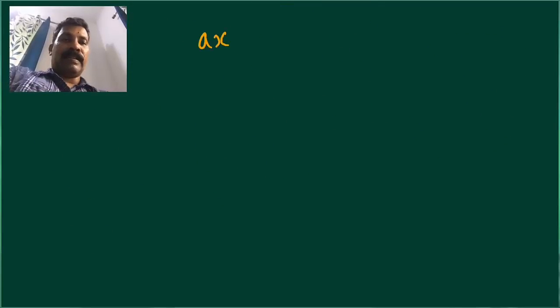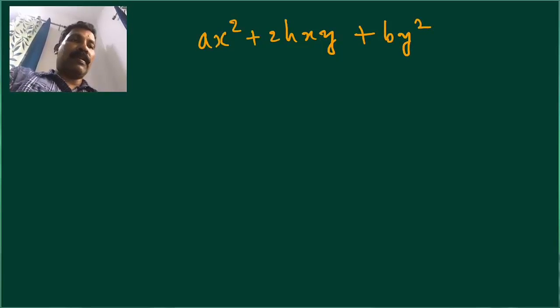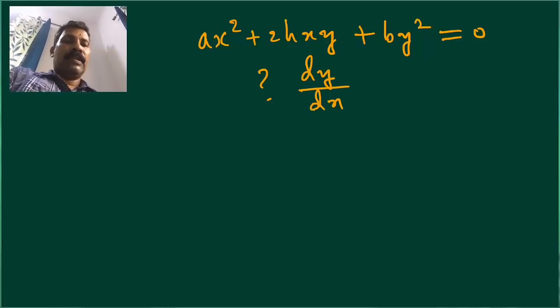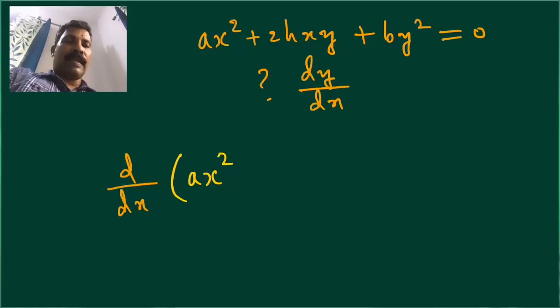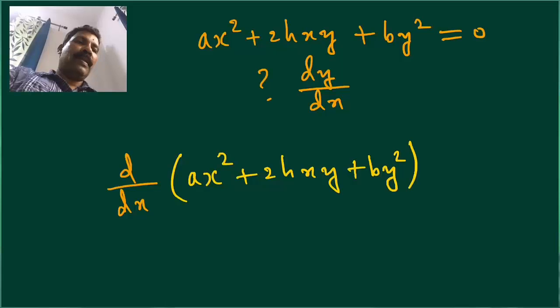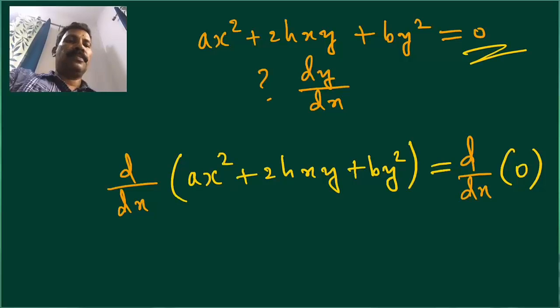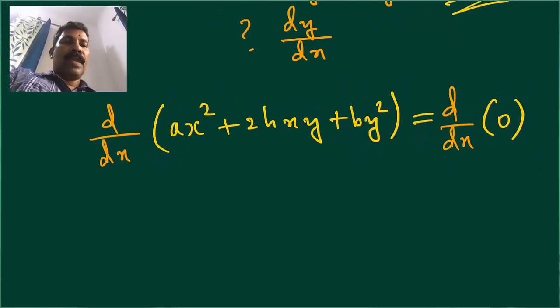Now suppose the implicit function is ax square plus 2hxy plus by square is equal to 0. Then how to find dy by dx? Here I told you we have to apply the differential operator on both sides, that is, on the left hand side ax squared plus 2hxy plus by square is equal to, then again differential operator d by dx, and the right hand side is nothing but 0.